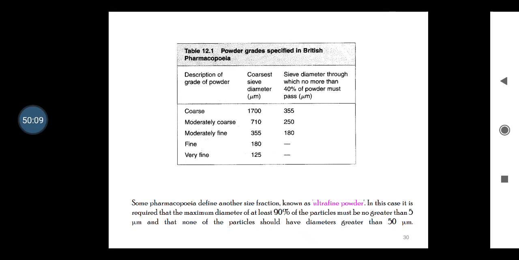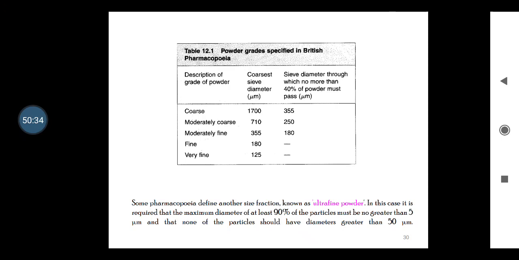And for the fine particles, we had seen that only one limit is there, that is 85 and 120. So for the 85 sieve number for the fine powder, the nominal mesh aperture size is 180 micrometer, and for the very fine powder, the one limit, that is 120, the nominal mesh aperture size is 125.